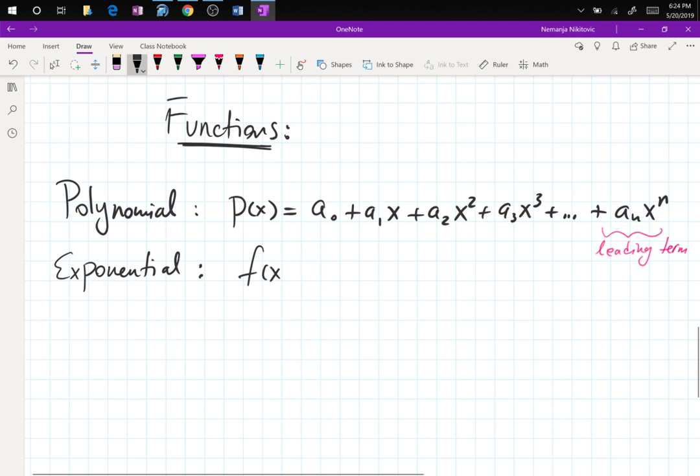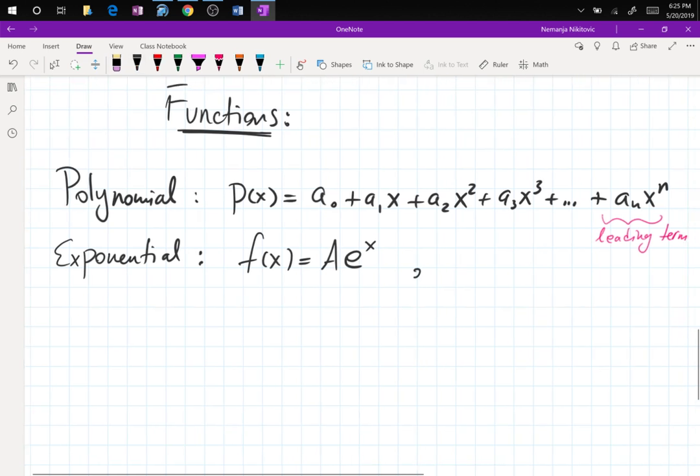Usually we write f of x is equal to a e to the x, or b to the x, whatever.